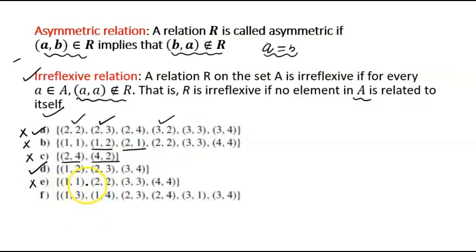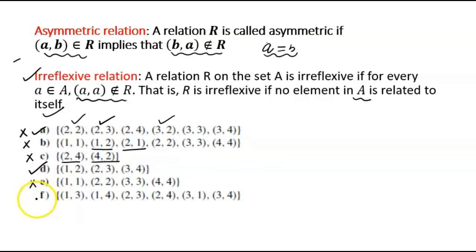If I ask you whether it is antisymmetric, then yes, it is antisymmetric, because in antisymmetric we allow (a, a) type of element when a and b are equal. But asymmetric relations are slightly more strict, so it does not allow (a, a) type elements also.